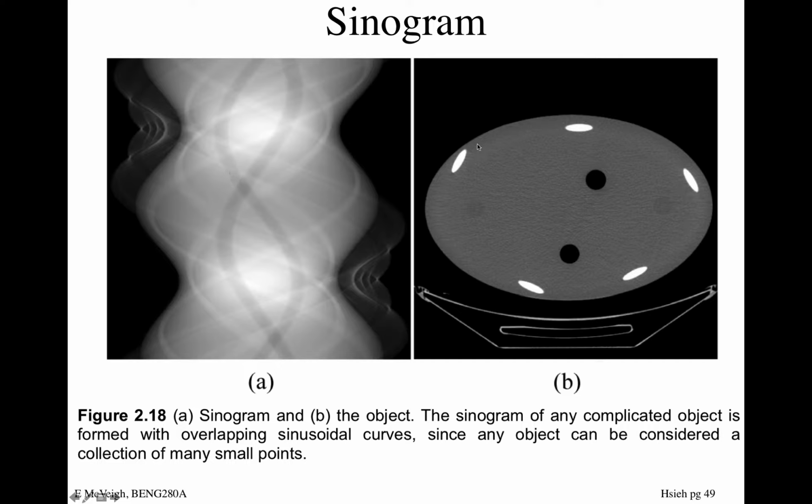So if I'm projecting through this object, when you look at this thing called a sinogram, you can see certain features in this object. They're pretty obvious. The first obvious thing you can see is this big edge. This edge is simply the outline of the whole object.